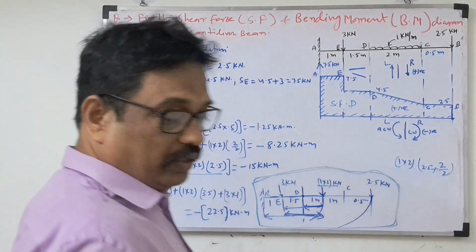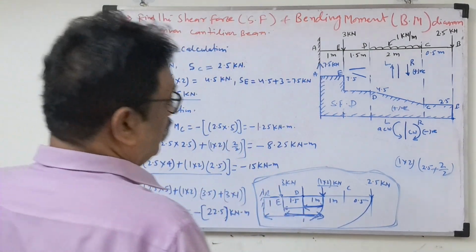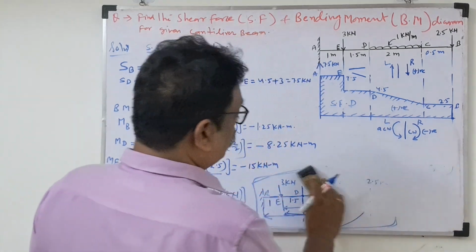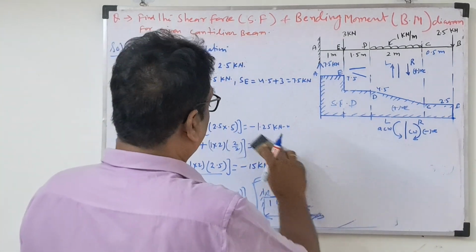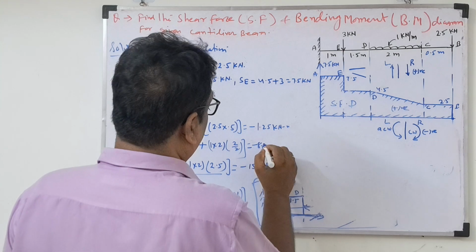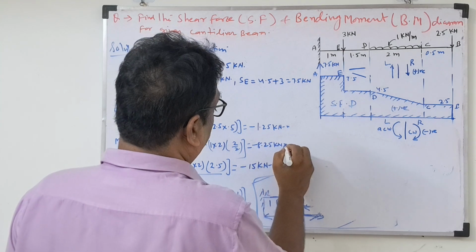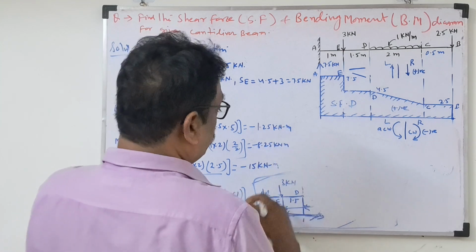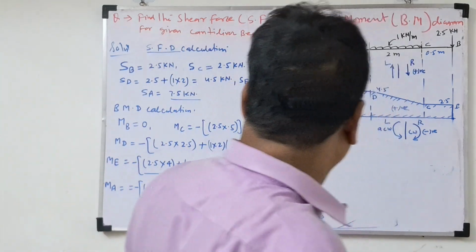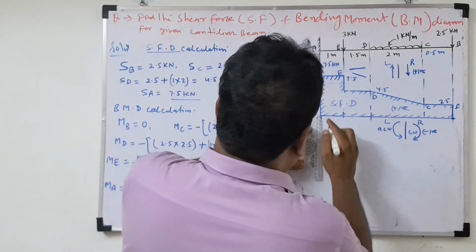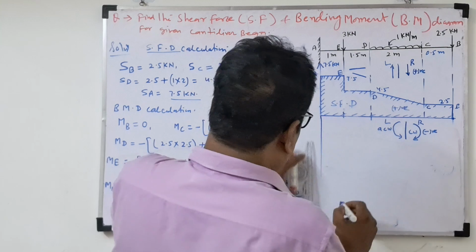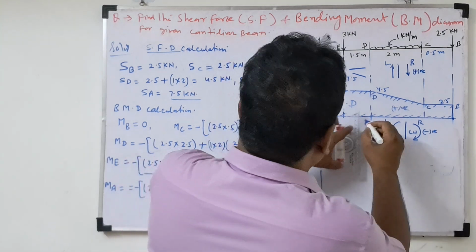Okay. So now we'll draw the bending moment diagram. Already the values we got. So now we'll see the diagram. Minus 8.25 kilonewton meter. Okay. So we will draw the diagram. So big work will be there. Carefully you have to draw everything.